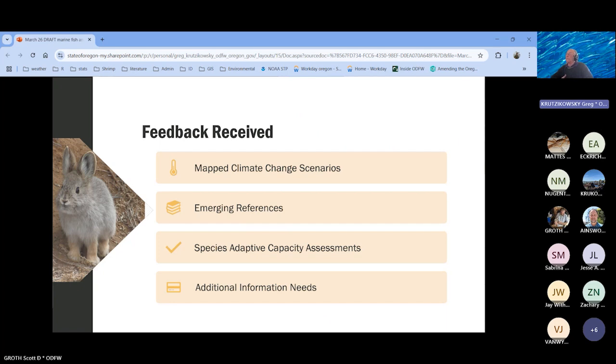We've gotten some information with mapped climate change scenarios for some species, some new and emerging reference materials, some information specifically about species adaptive capacity assessments that have been done, and some additional information needs, suggested things for some of those additional data gaps.